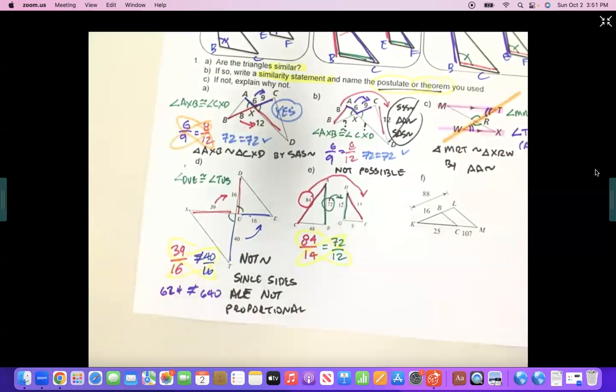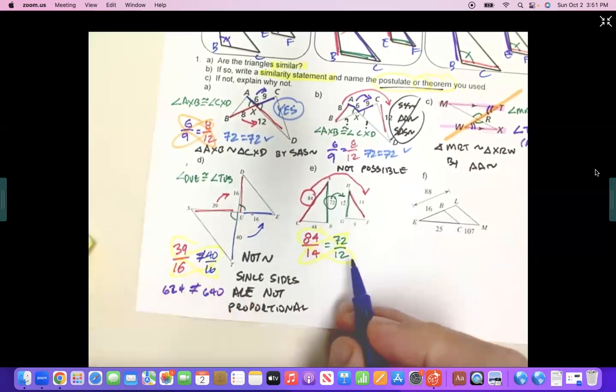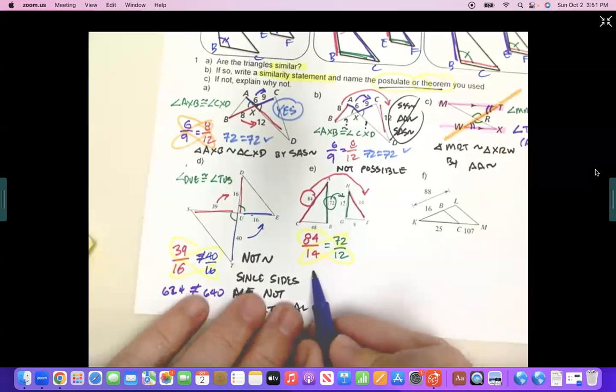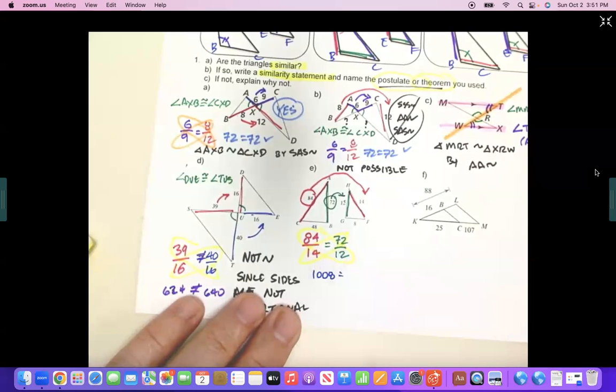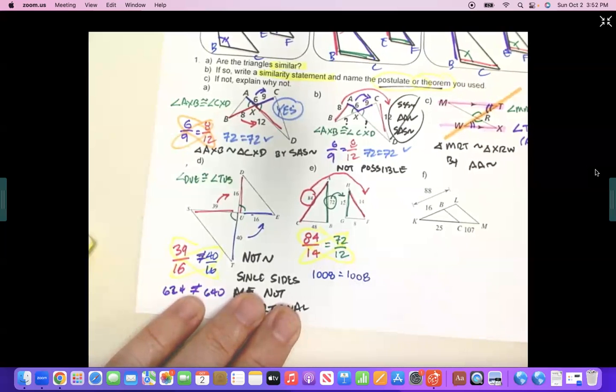When we multiply 84 times 12, we get, let me check my numbers, yep, indeed, 1008. And then if we put in 14 times 72 in our calculator, we'll also get 1008.